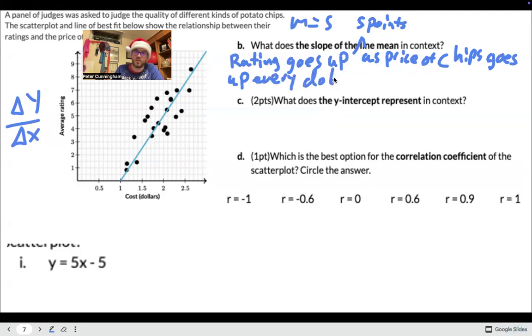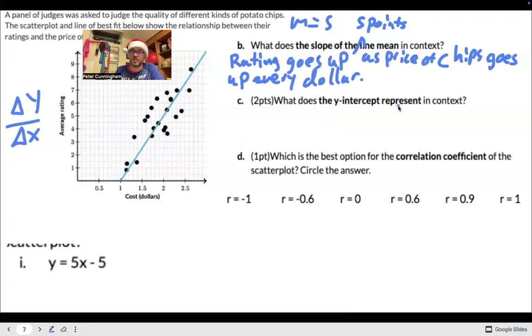So the more money you spend on the chips, at least according to the study, the higher rated they'll be. A $1 bag of chips has a pretty low rating, whereas a $2 bag of chips goes up close to 5 and 6.